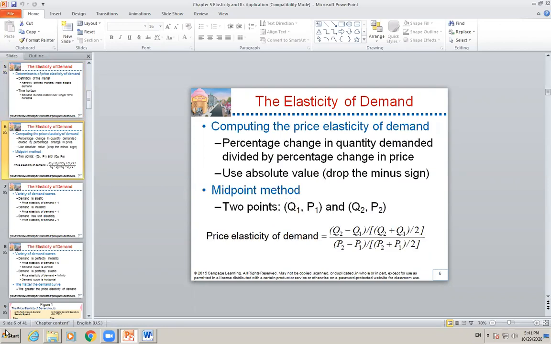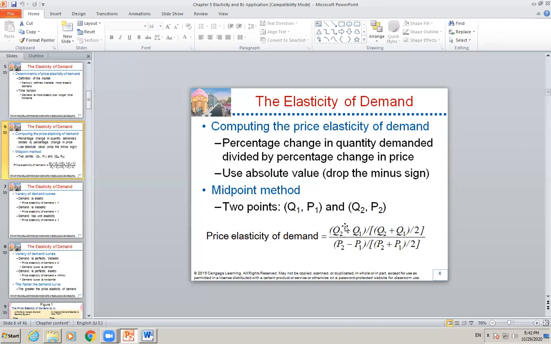So the computational part of the price elasticity of demand is the percentage change in the quantity demanded over the percentage change in the price. The formula is shown here, and it's all in absolute terms. If a negative sign comes out, you just drop that negative sign.